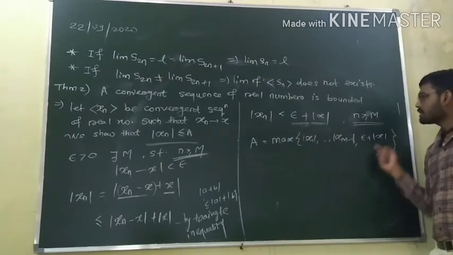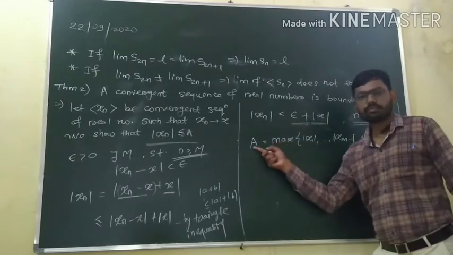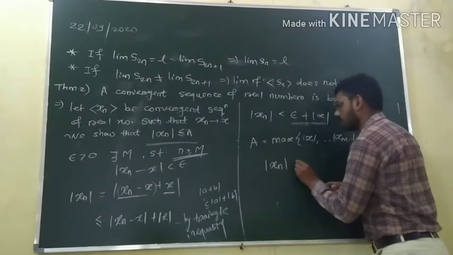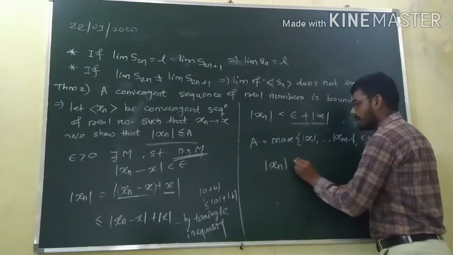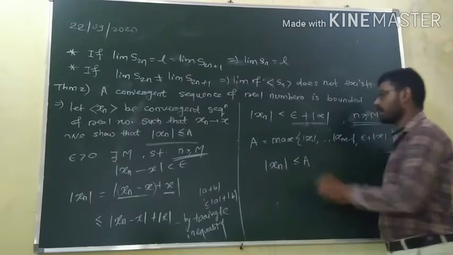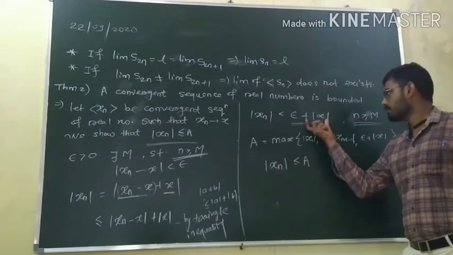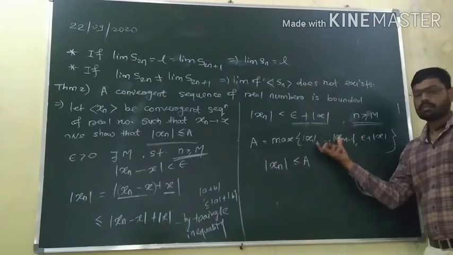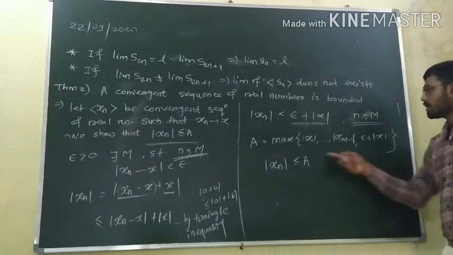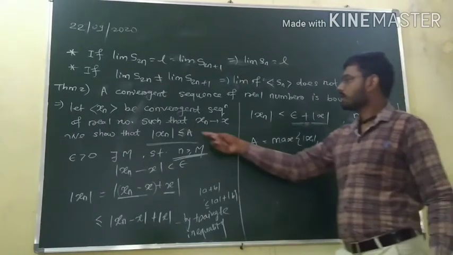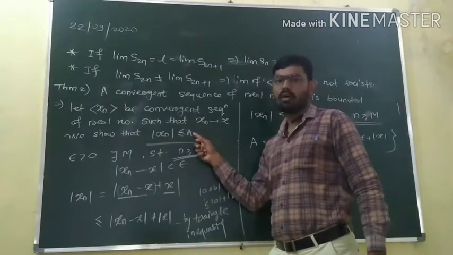The maximum of these terms we take as a. So we get that mod of xn is always less equal to a, where a is nothing but either these terms or this term, whichever is maximum among them. This implies the sequence xn is bounded.